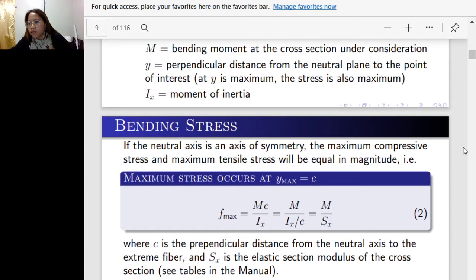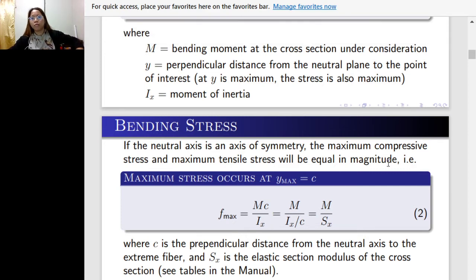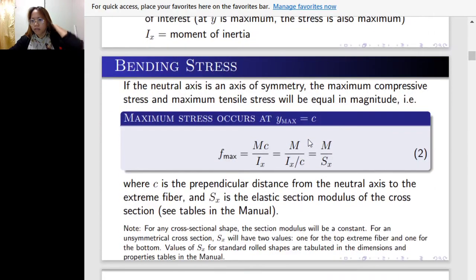Your maximum compressive stress and tensile stress are equal in magnitude, because the distance from the neutral axis to the extreme fiber is the same for both the compression and tension side of the cross section.